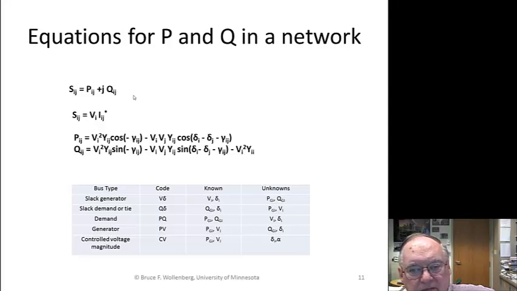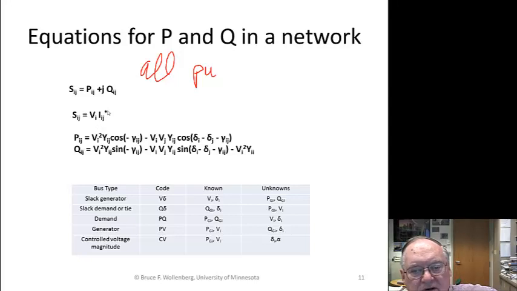Now these are all per unit, okay? These are all per unit, and I'm just going to say PU for per unit quantities. So S is equal to the voltage times the conjugate of the current.